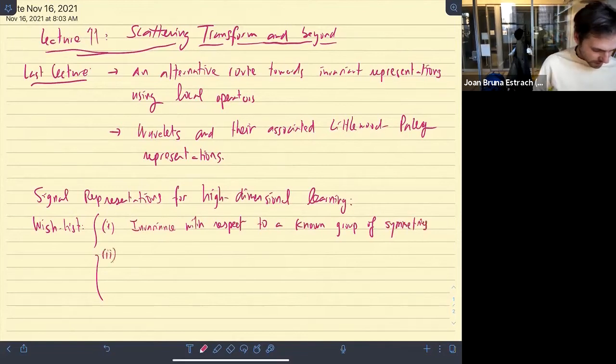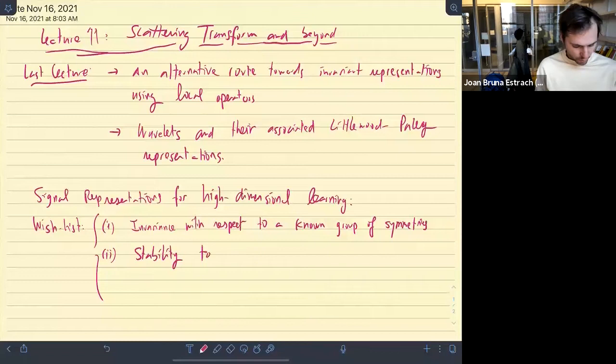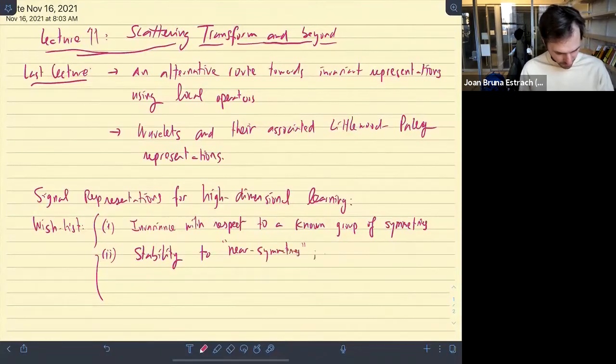We discussed stability to, call it, near symmetries. So in the case of images, that was small deformations.